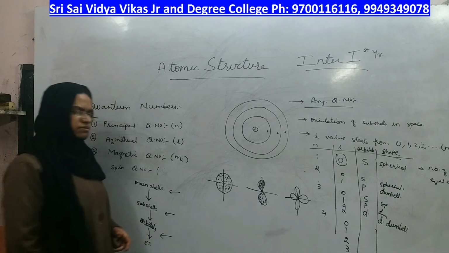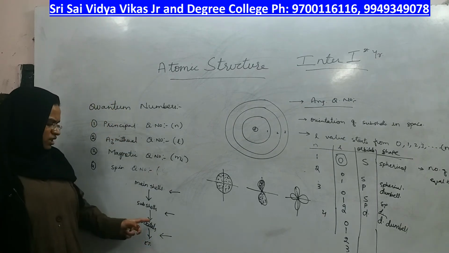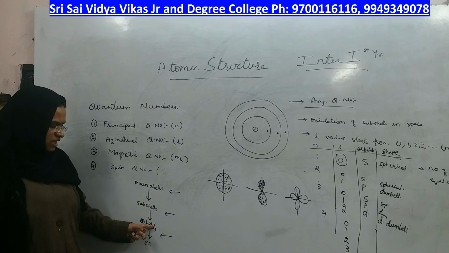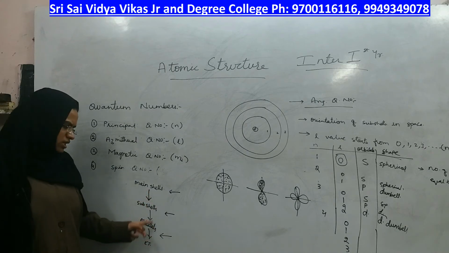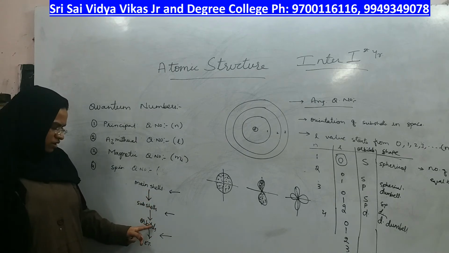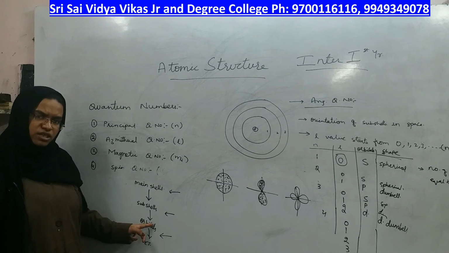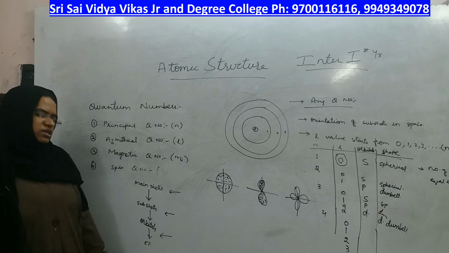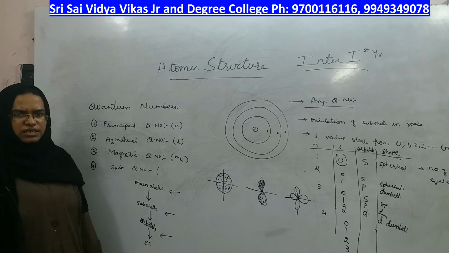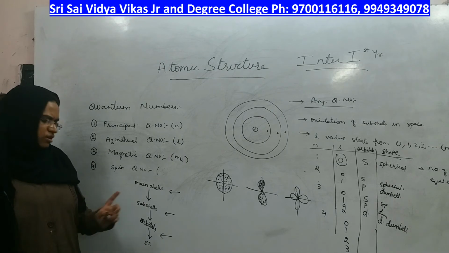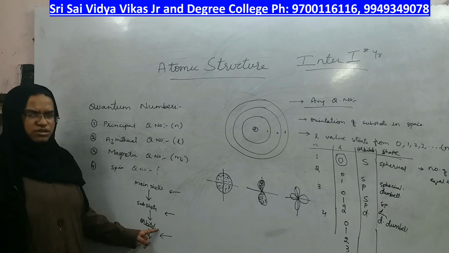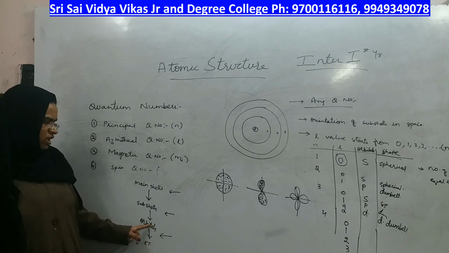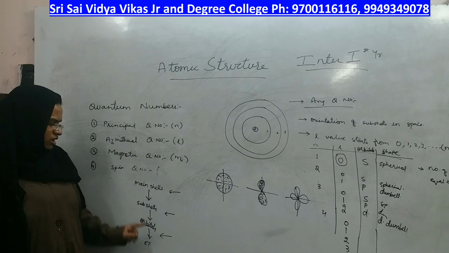The third quantum number is the magnetic quantum number. It means in which direction the orbitals present in a subshell are facing. Is it on the x-axis, the y-axis, the z-axis, or in between the axes? The directions of the orbitals will be decided by the magnetic quantum number.